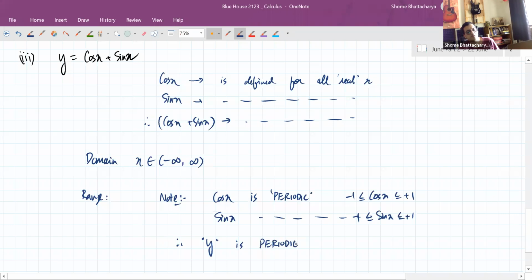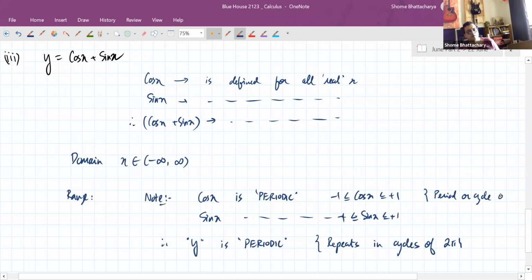Now we don't know as yet what the maximum value of y will be and what the minimum value will be, but it will be periodic in nature. That means it repeats in cycles of 2 pi, because this has a period, and so does this. So overall, y will also be periodic.